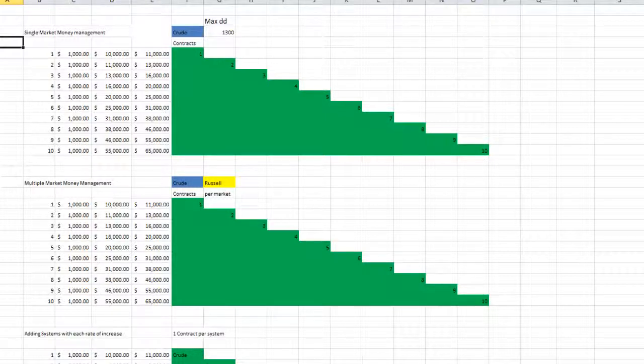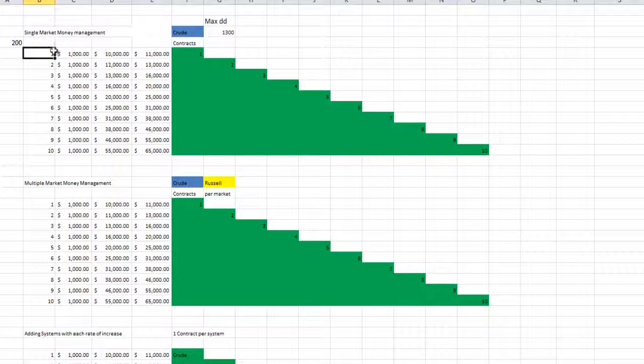Say for example my risk on this account is $200, and I'm going to risk 1%. 1% of $10,000 is $100, so I'm not going to be able to take a trade here because I'm breaching my mandate. But if I'm prepared to risk 2%, which is $200 of $10,000, then I can trade one contract.